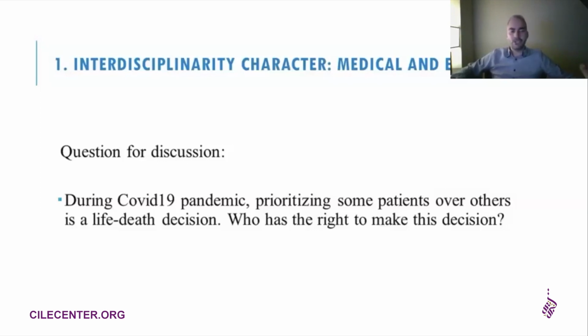Everybody in society should know what's going on in hospitals, what the criteria and policy are, and be able to check whether this policy is applied accurately or abused. So the more relevant question is to discuss the criteria and the foundations of prioritizing patients.